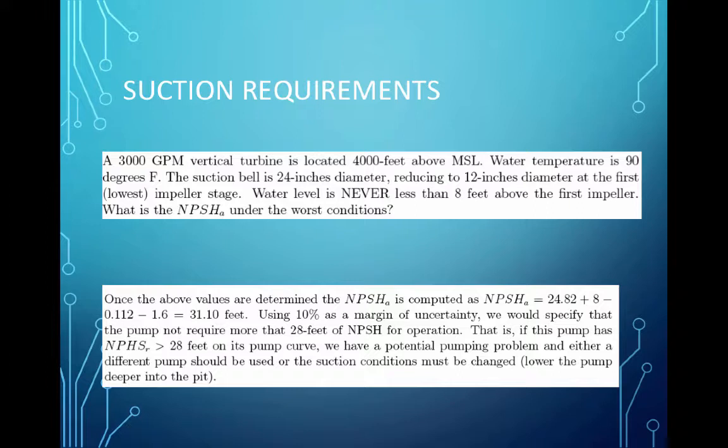That is, if the net positive suction head required at 3,000 gallons per minute for the particular pump is greater than 28 feet, we have set ourselves up for a pumping problem. And either we should use a different pump or modify the suction conditions in the pumping pit.